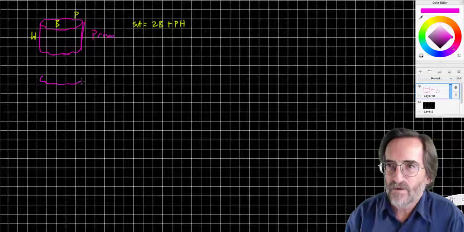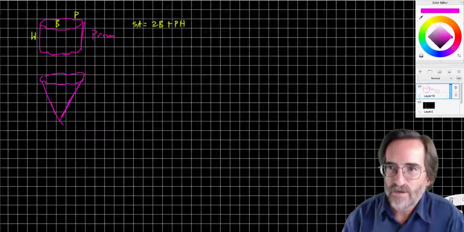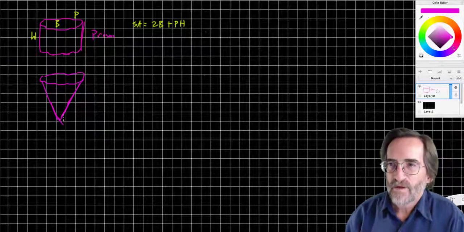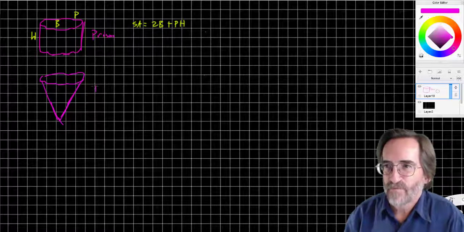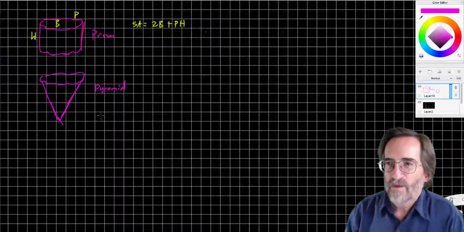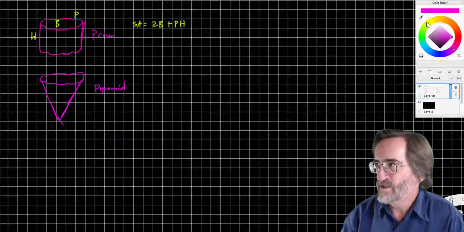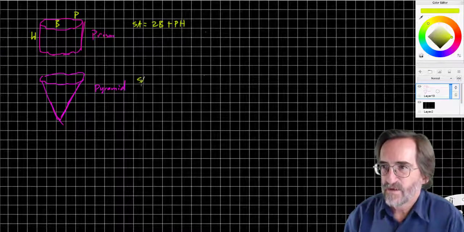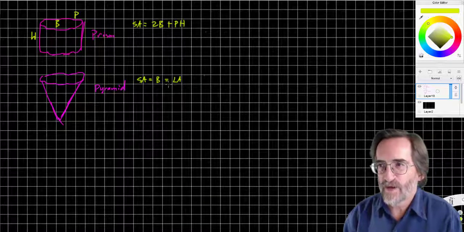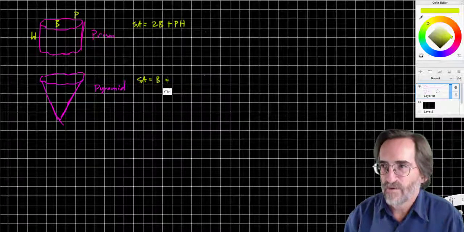For a pyramid, you start with a base. It can literally be just about any shape. But instead of being pulled through space, it comes to a point. Okay, and that is a pyramid. We can think of the surface area of a pyramid as the base plus the lateral area, we'll call it LA.